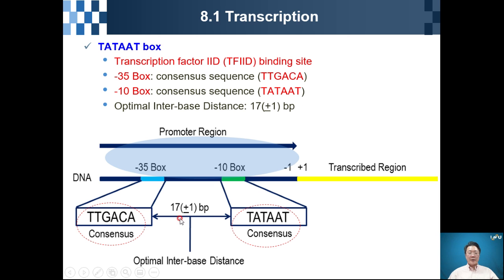Between the minus 35 box and the minus 10 box, there is an optimal interbase distance, usually a 17 plus or minus 1 base pair region located here. So this is the TATA box. The TATA box plays an important role in transcription initiation. We will see some details of its function later.